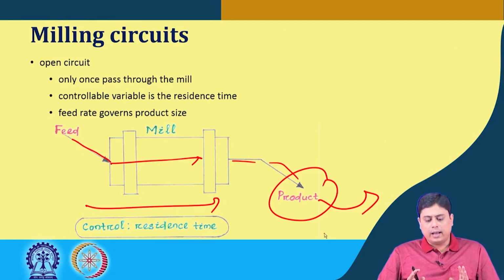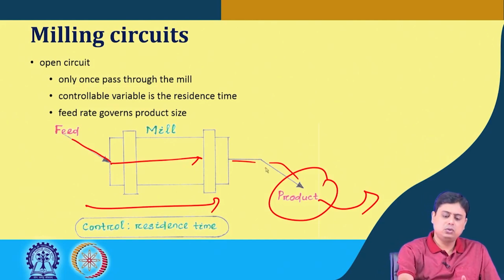And this residence time is important. We have seen in our previous discussion how retention of the solid particles in the milling or grinding unit for a longer time can help in reducing the size.